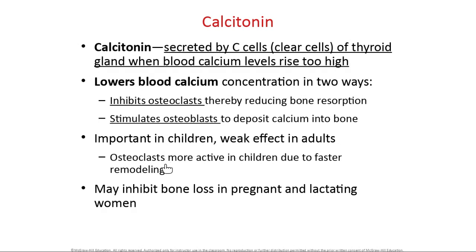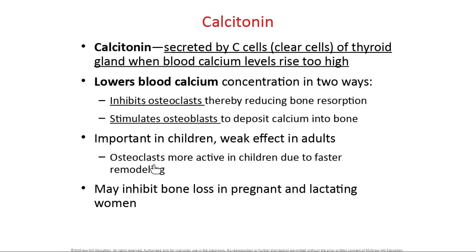And the reason for that is not due to levels of secretion of calcitonin. It's really due to the increased level of osteoclasts that you find in children. Okay, because remodeling is faster, all right, in a growing person. Remodeling happens faster in a growing person, which means that osteoclasts will be more active, just like osteoblasts will be more active in a child.